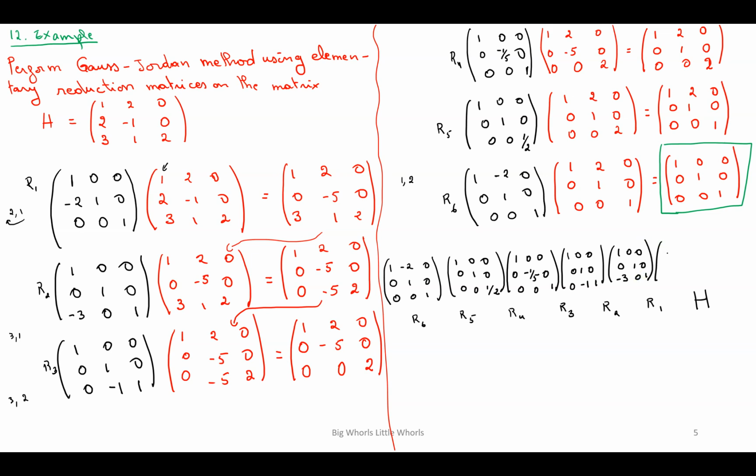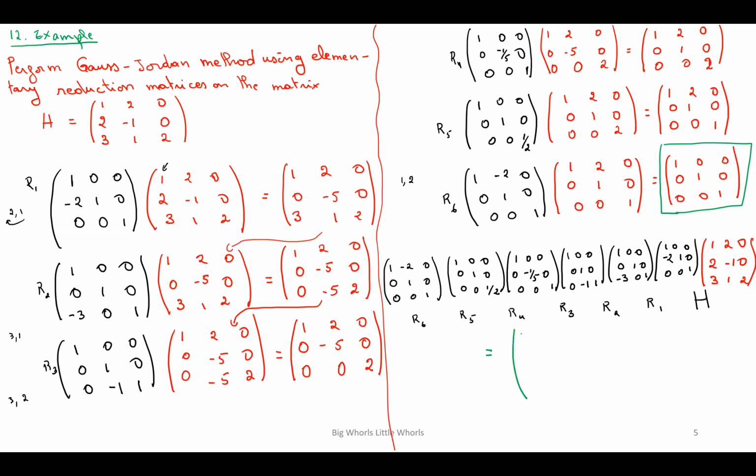And our R1 is 1, 0, 0, minus 2, 1, 0, 0, 0, 1. And then multiply by our H. Our H here is 1, 2, 0, 2, minus 1, 0, 3, 1, 2. Okay, and it says that we should get a reduced echelon form.